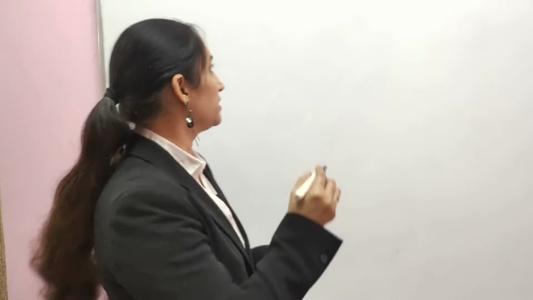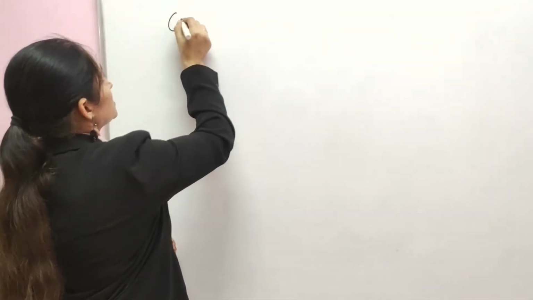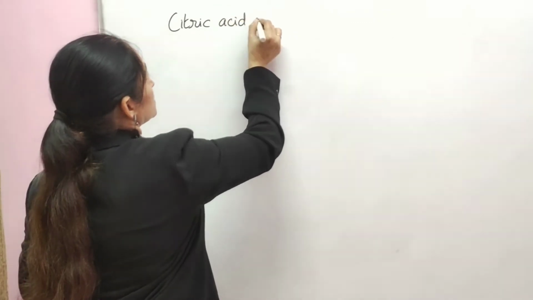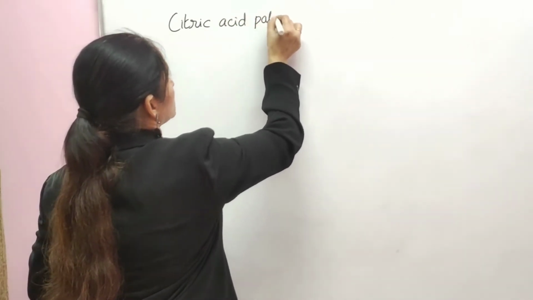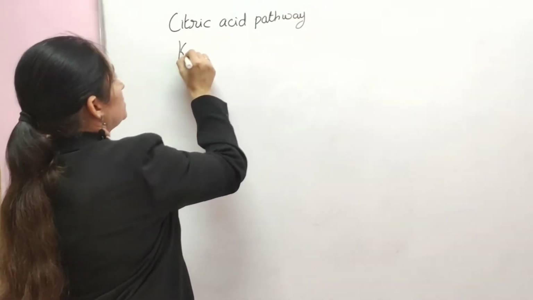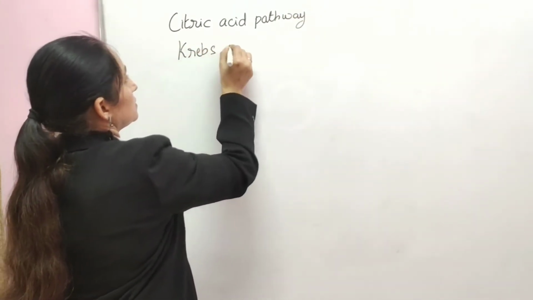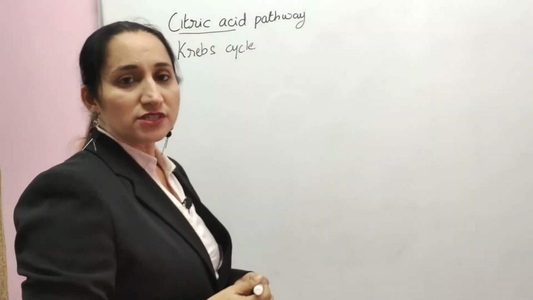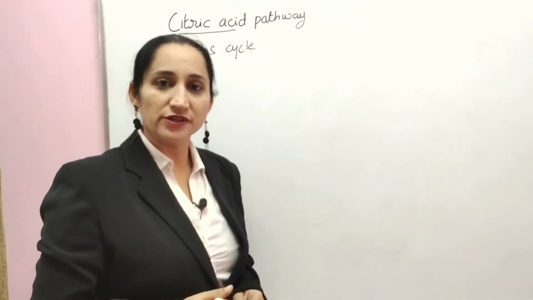Krebs cycle is named after its discoverer Hans Krebs. It is also known as citric acid cycle, citric acid pathway, or Krebs cycle. Citric acid pathway because the first product that is formed is citric acid.